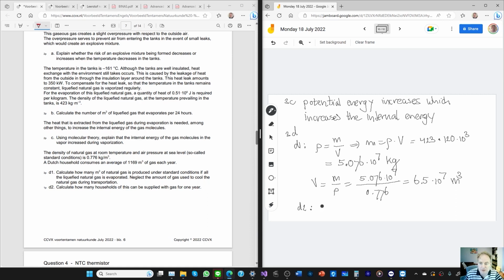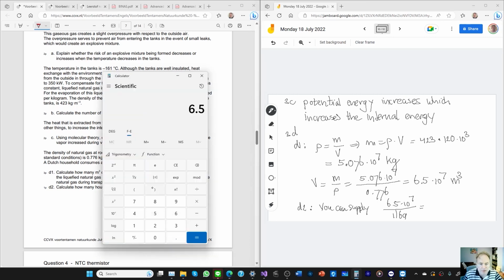One household uses this, so you can supply 6.5 times 10 to the power 7 divided by 11.69, 6.57 divided by 1169, which is 5.6 times 10 to the 4 households.